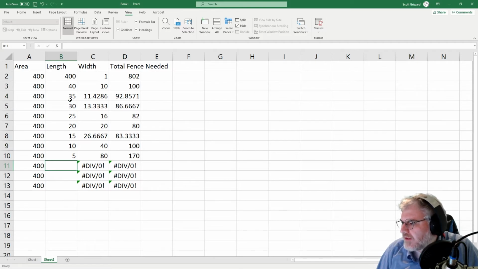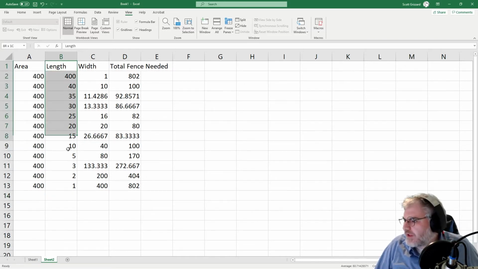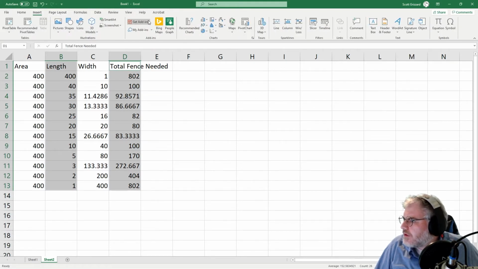Let's do 3, 2, 1. Okay. So I have this idea that I could do 1, and you see how I need tons of fence? So let's do a little graph. Insert.